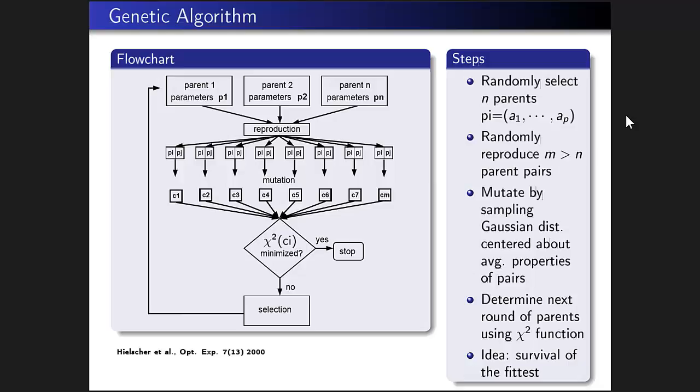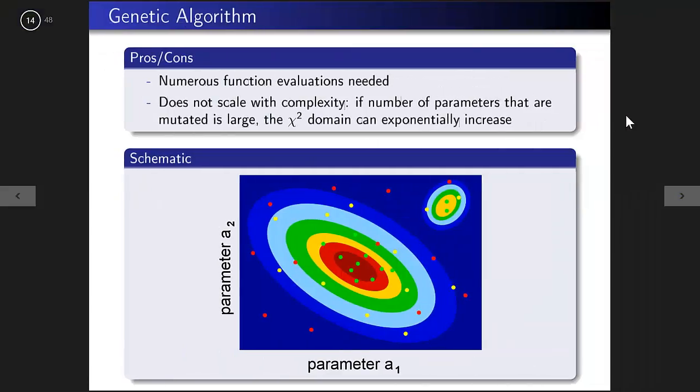Well, I'll go over Simplex. Yeah, I'll go over Simplex. You're exactly right, though. You fed right into my next chart, in that one of the problems here is that the numerical computational cost of this is high because you start with n parents and then you have to reproduce and then evaluate chi-squared all over this map.